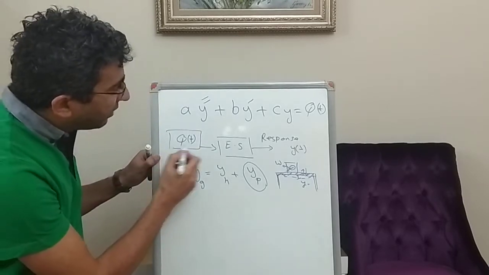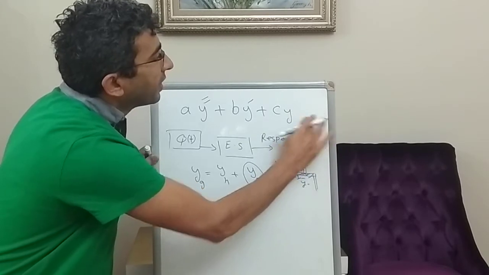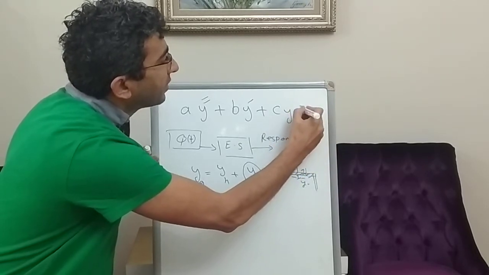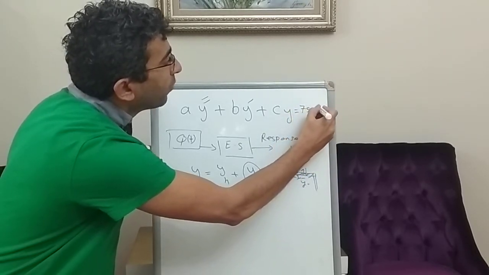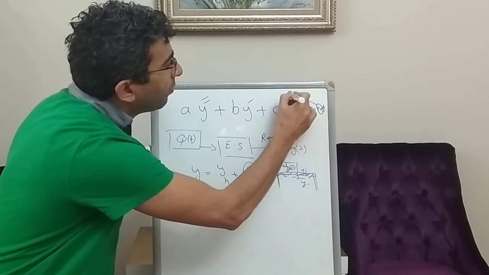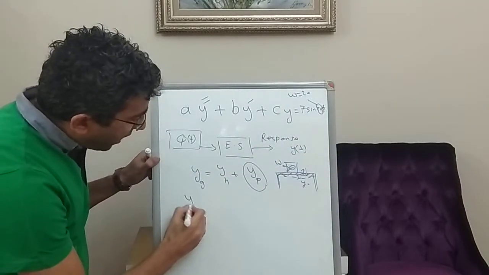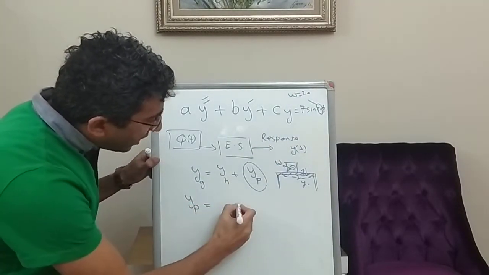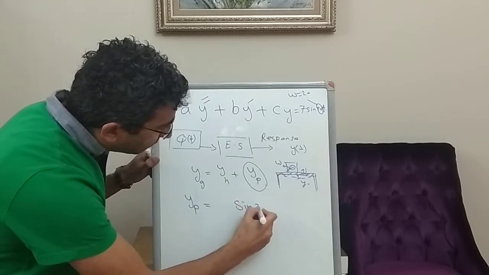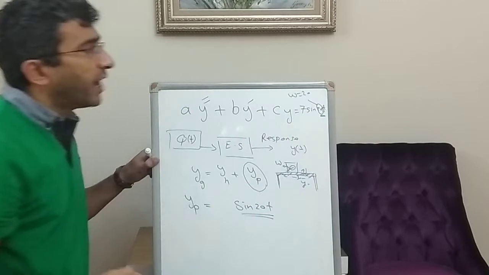So for example, if my action here is equal to 7 sine 20t, the angular frequency omega is 20. So you should assume that your y particular is equal to a sine 20t. It should have the same frequency as the action.